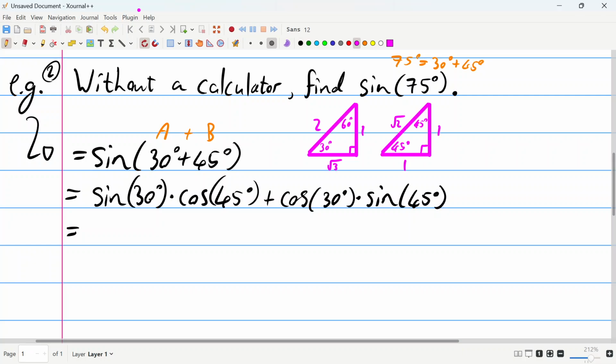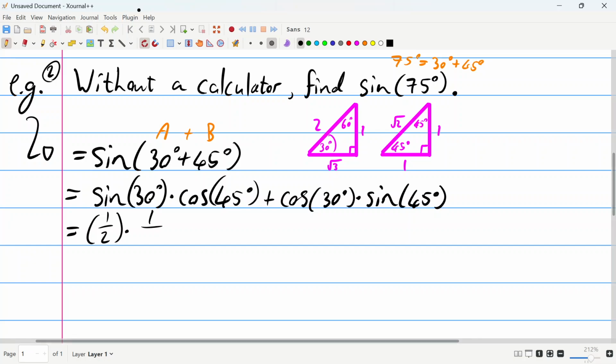Okay. So here I just wanted to draw the special triangle so that you guys can also see what to do, because otherwise I'm just going to be spewing numbers out of my head. So for sine of 30 degrees, we know that 30 degrees is right here, and sine is opposite over hypotenuse, meaning it's going to be 1 divided by 2. So here we're going to have 1 over 2 multiplied by cos of 45 degrees. 45 degrees is right here, and it's adjacent over hypotenuse, so it's 1 divided by root 2.